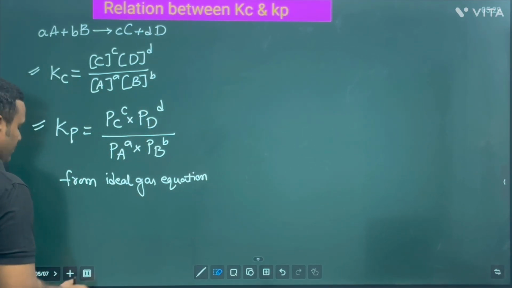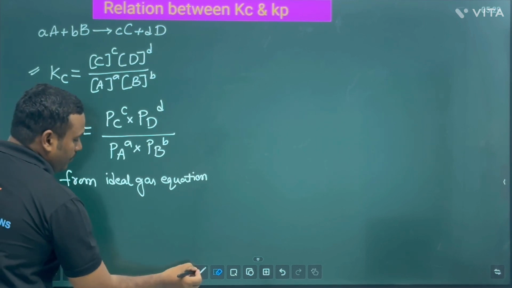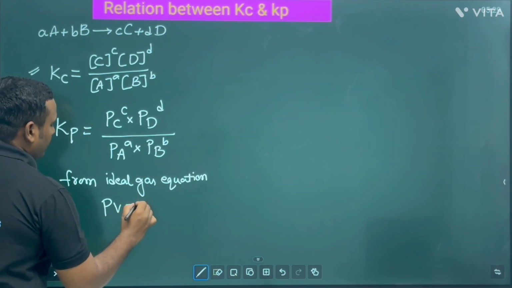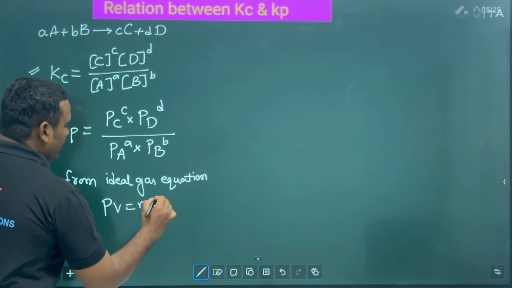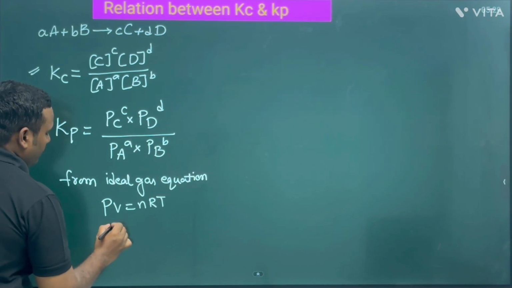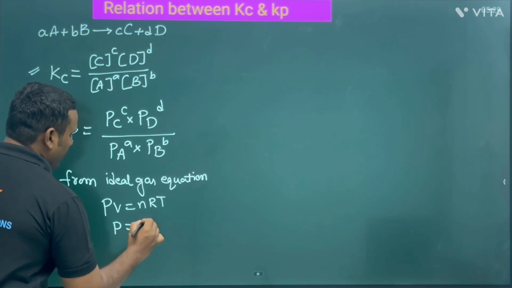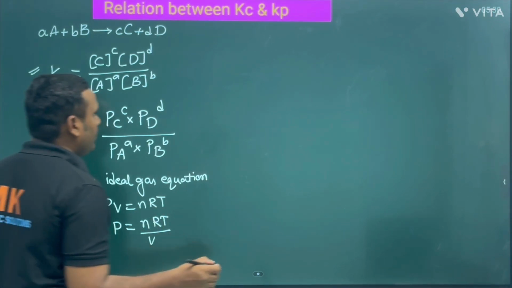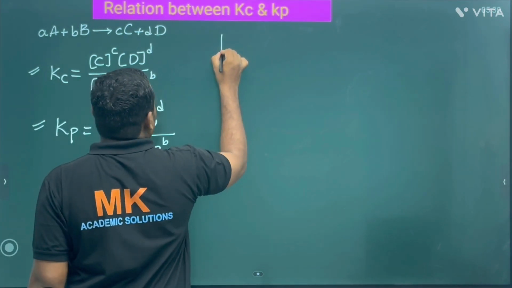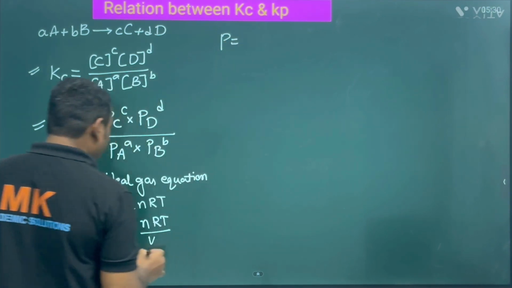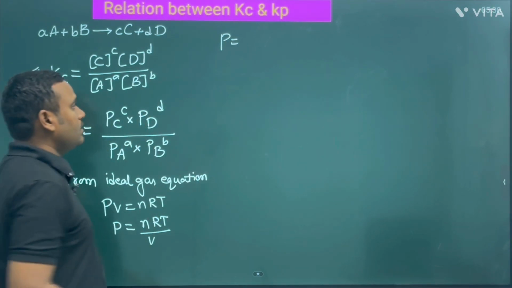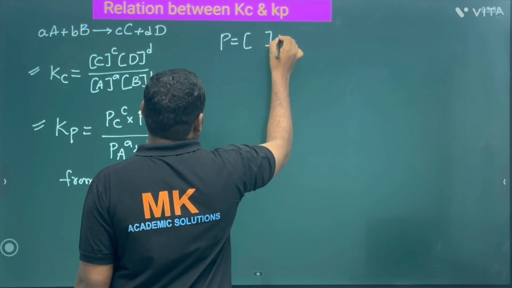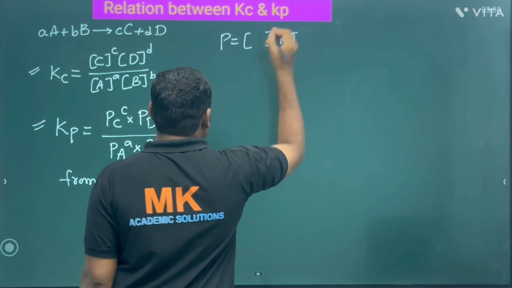From the ideal gas equation we will write PV = nRT. Therefore, P = nRT/V. Here n/V becomes the concentration, so P = concentration × RT.